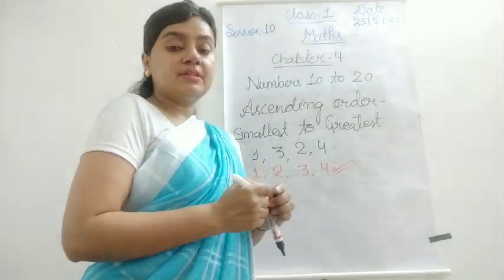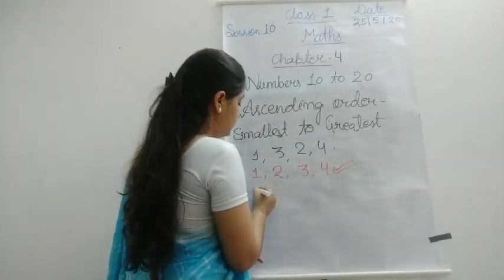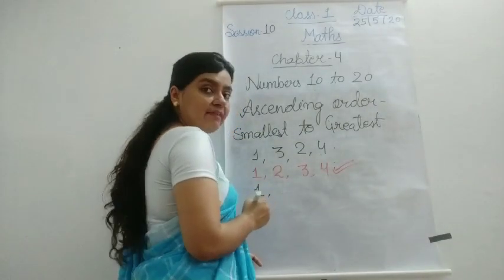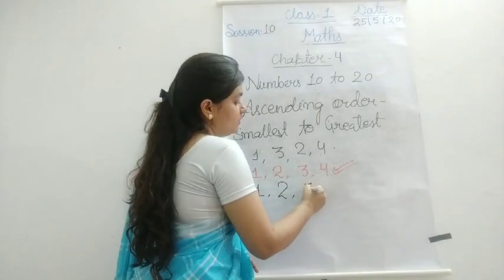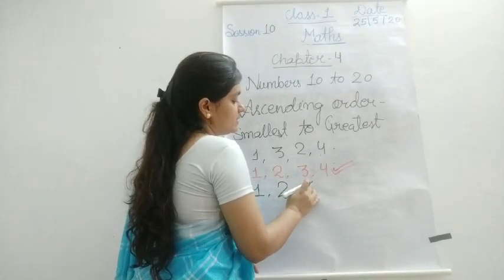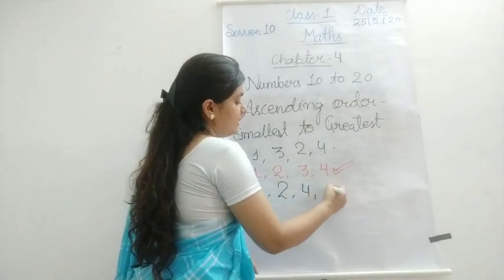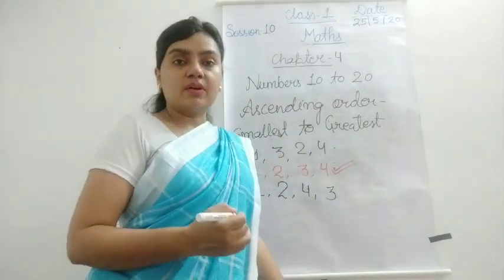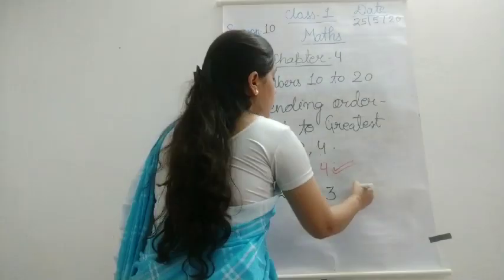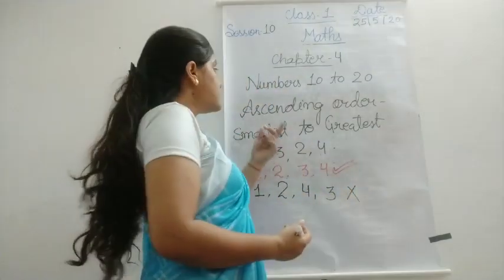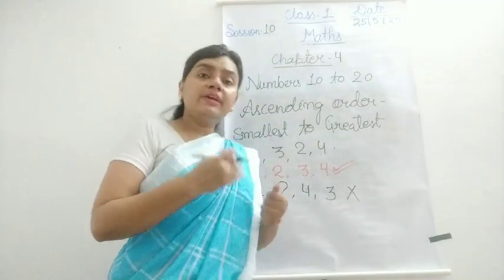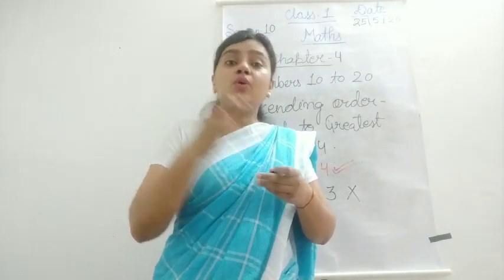But suppose you have written 1, then 2, and then if you write 4 and 3, this will be wrong. How is it wrong? Because ascending means we are arranging the numbers smallest to greatest.